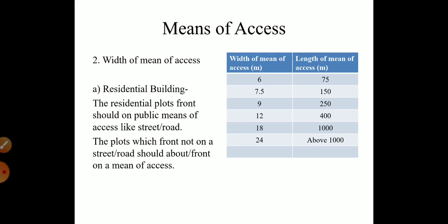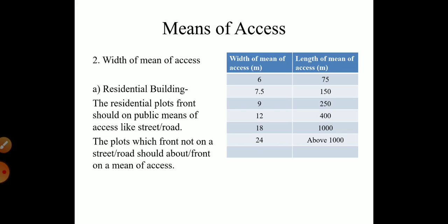If it is 7.5 meter, then the length is 150 meter. If the width is 9 meter, then the length is 250. Likewise, if the width is 12 meter, then the length is 400. If the width is 18 meter, the length is 1000 meter. If the width is 24 meter, then the length is more than 1000.